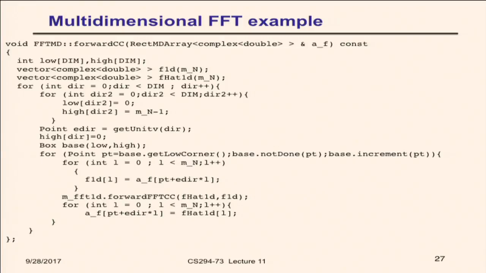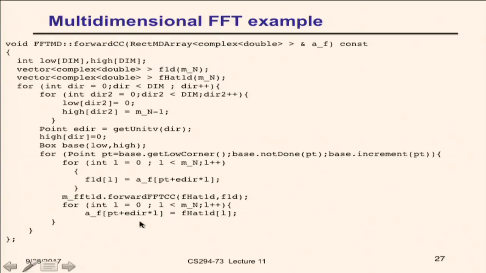So here's what the forward complex to complex FFT would look like: you strip out 1D pencils in the right directions, you compute the FFT 1D forward, and then you store it back in.